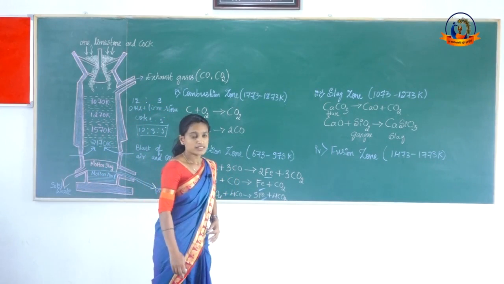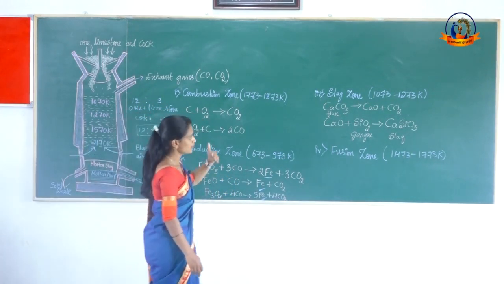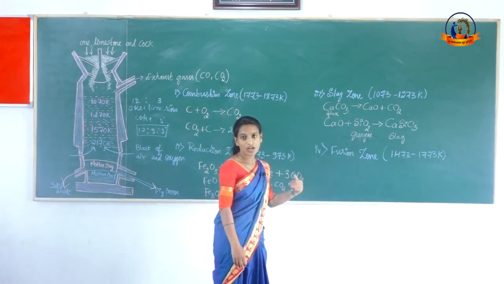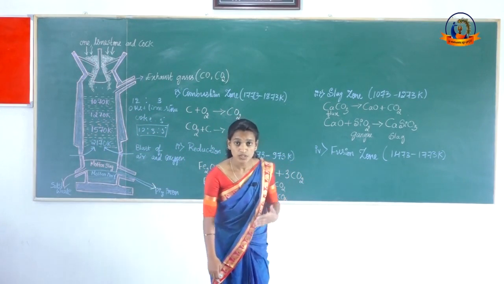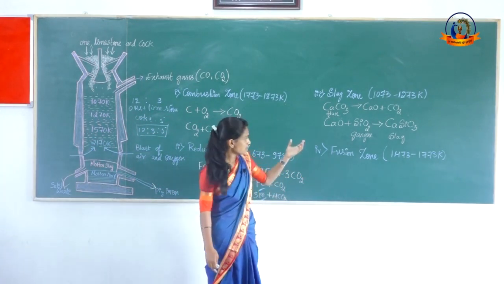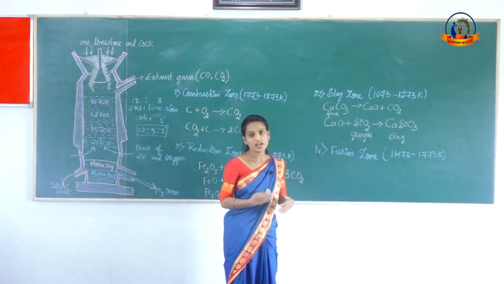In the slag formation, what happens, this limestone, in the form of CaCO3, calcium carbonate, as we all know the formula of limestone is CaCO3. When CaCO3 is considered as the flux, that flux undergoes a decomposition reaction.